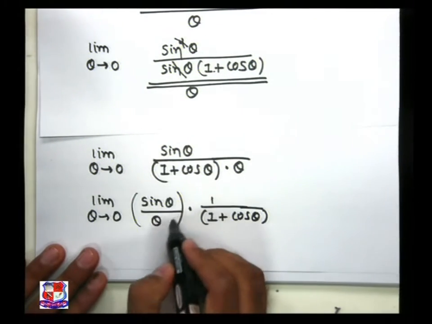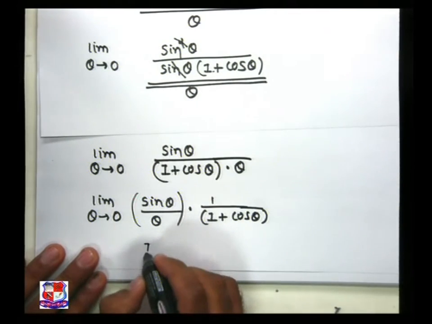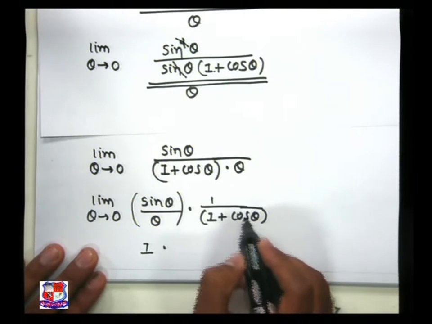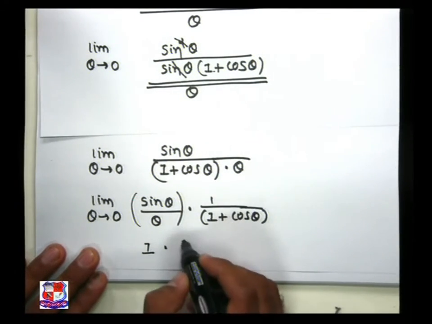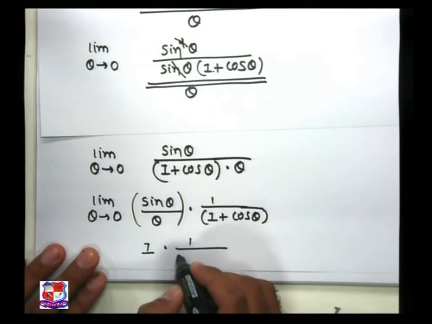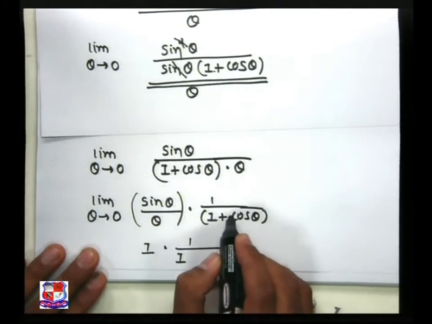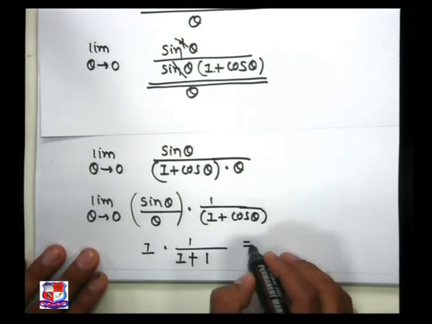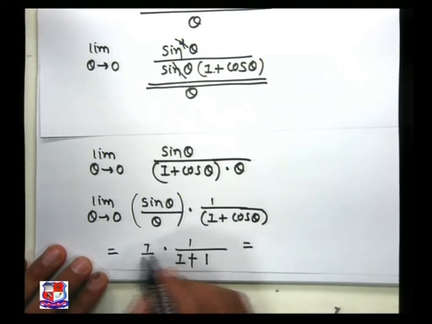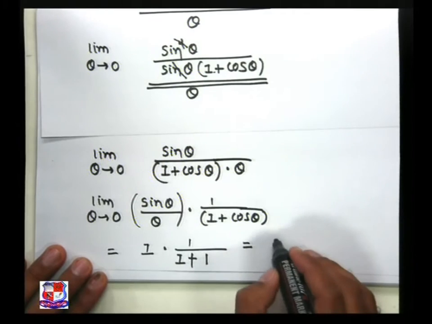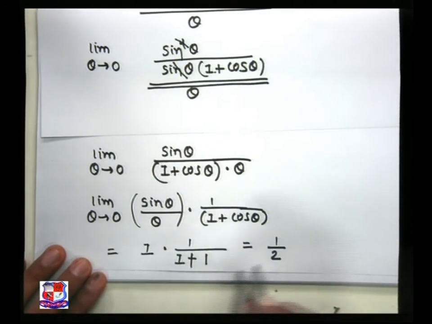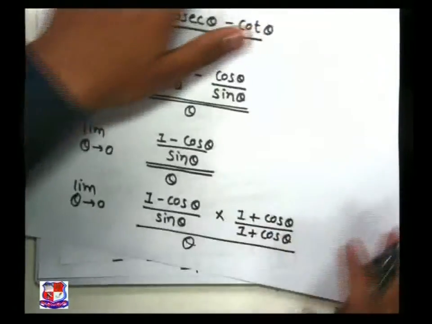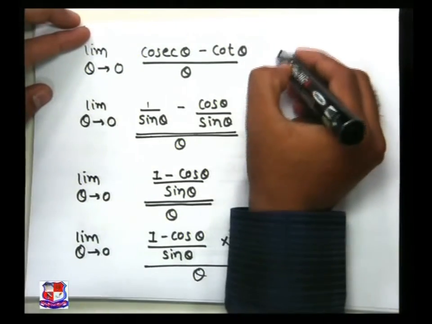Our base formula sin theta upon theta we call 1, and in the second one, applying theta tends to 0 gives cos 0, and the value of cos 0 is 1. So all simplified, 1 into 1 upon 1 plus 1, that is finally 1 upon 2, which is our result. So we write our answer value, that is 1 upon 2.